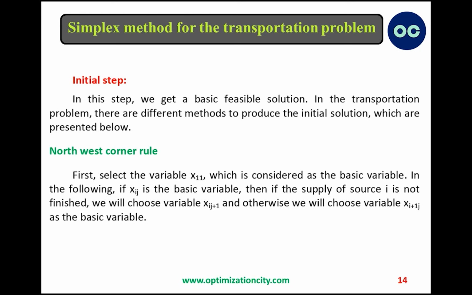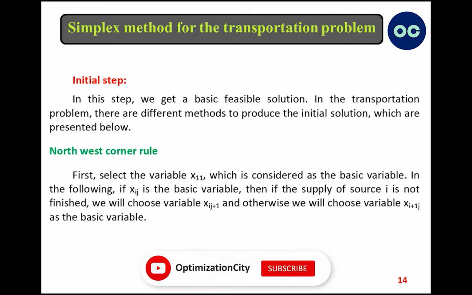First, we begin at the top left cell of the transportation matrix. In the second step, allocate the maximum possible amount of unit from the current cell to the corresponding supply and the demand allocation. In the third step, move to the next cell to the right if the supply in the current row is exhausted, or move down if the demand in the current column is fulfilled.